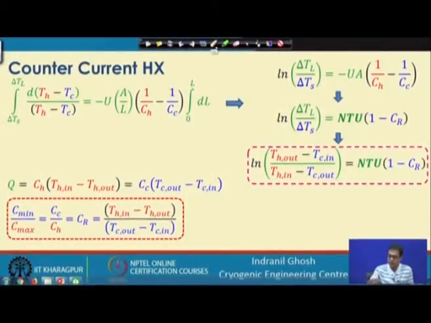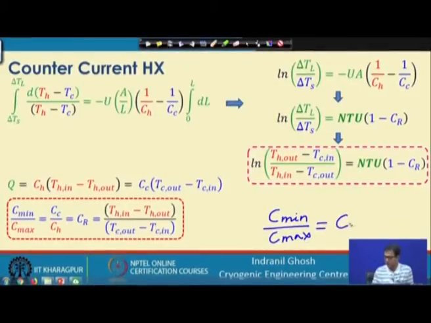If we take this C_C out, that becomes UA by C_min, and this becomes C_C by C_H minus 1, and C_C by C_H, that is C_min by C_max, which we know is equal to C_r.